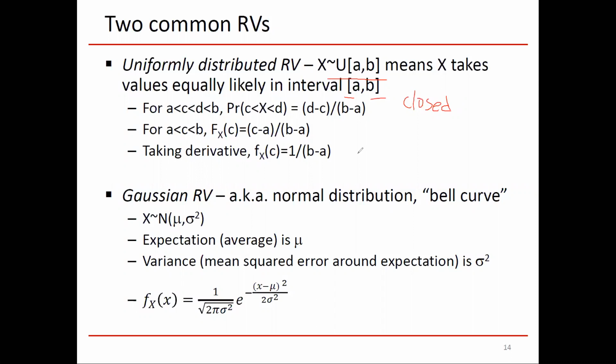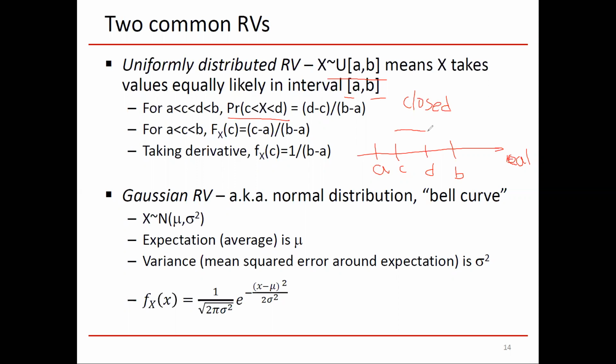And now let's take four numbers A, C, D, and B. So this is going to be the real line. And A is smallest. Then we have C. Then we have D. And then we have B. And we're saying that we're uniform between A and B. And we're asking what's the probability of being between C and D?